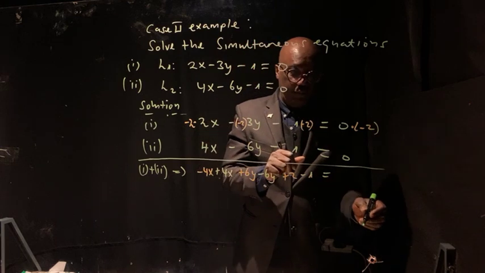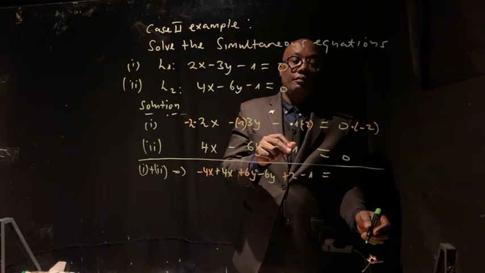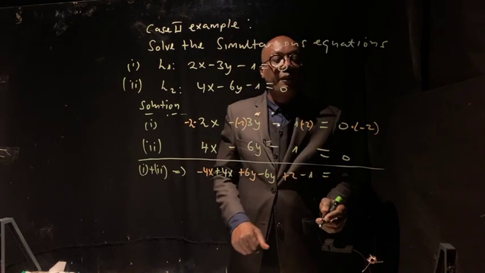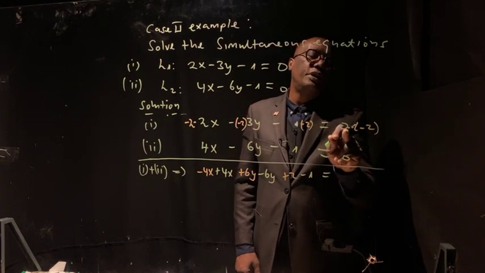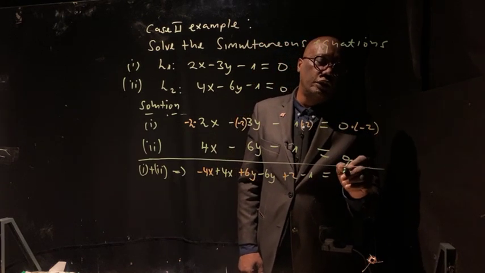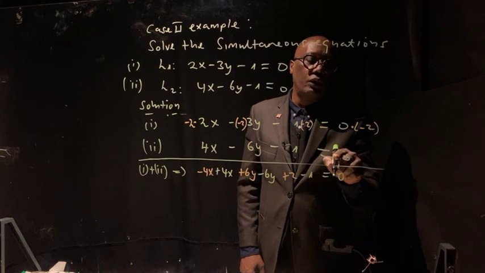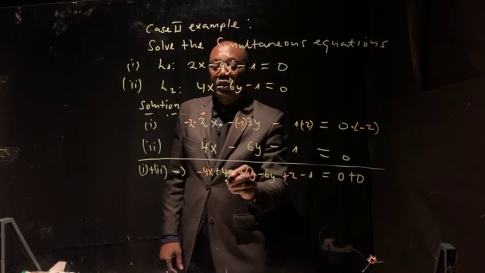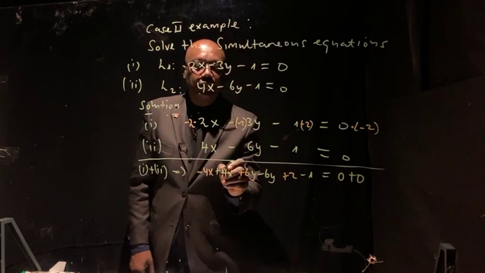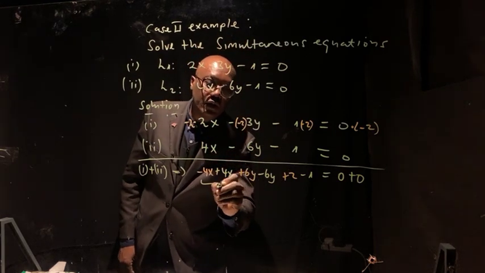Wait a minute. Yeah, it's the same. And then we come to the right hand side. 0 multiplied by negative 2 is 0, and then we add it to 0. We have 0 as well. So you can see that minus 4x plus 4x gives us 0.